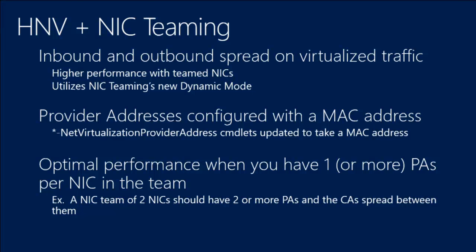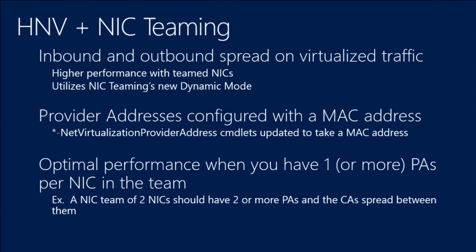Now with R2, if you've been to the networking overview session, we actually did the new dynamic mode. We support a new mode that we call dynamic mode in NIC teaming. It allows you to do load balancing in both the inbound and outbound direction.